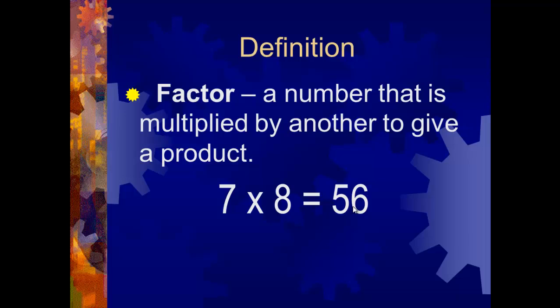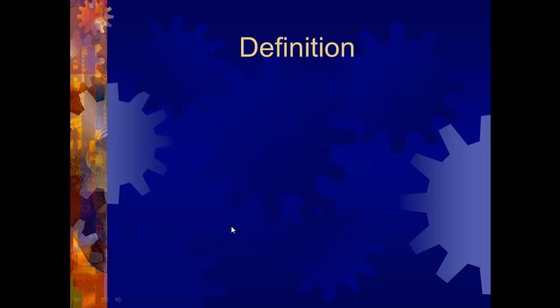The same example, 7 multiplied by 8 equals 56. 56 from the last slide is called product, but 7 and 8, each one of them is called factor. 7 is a factor and also 8 is a factor. Okay?